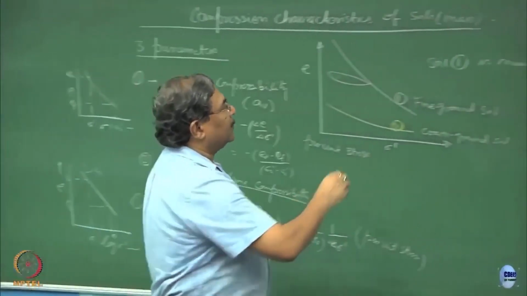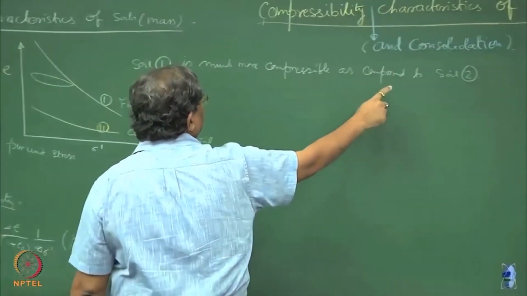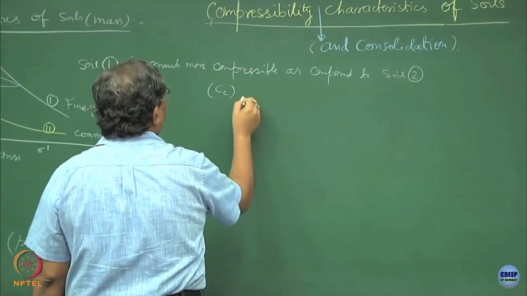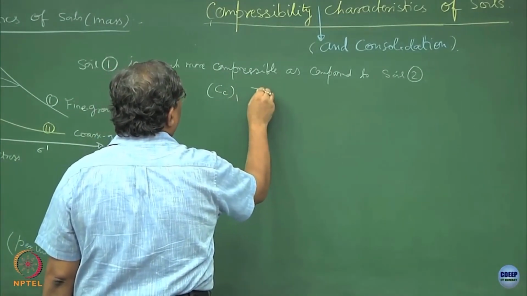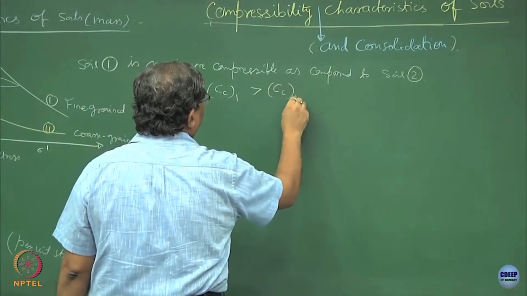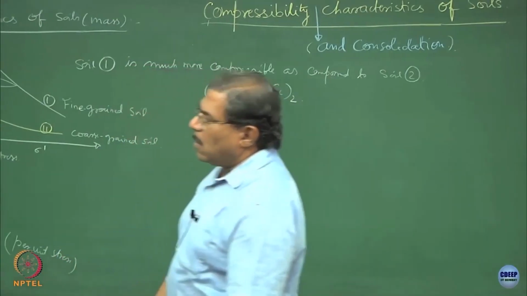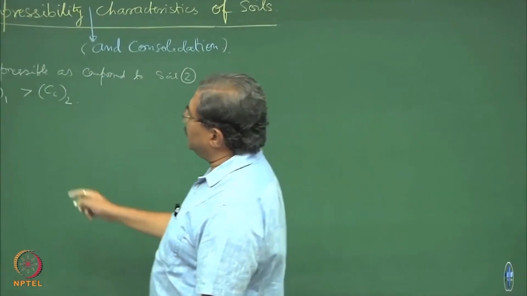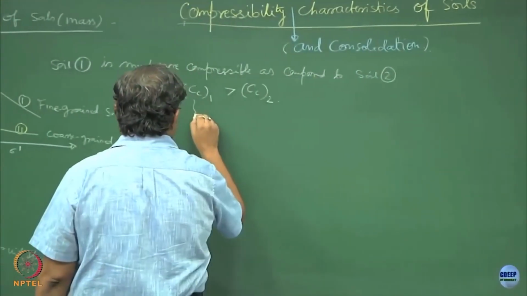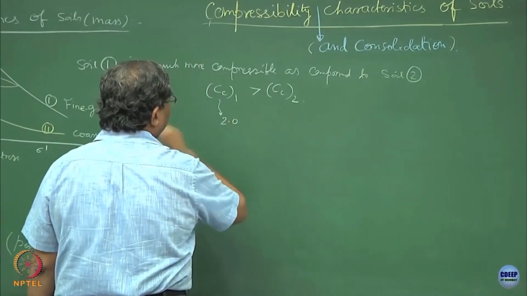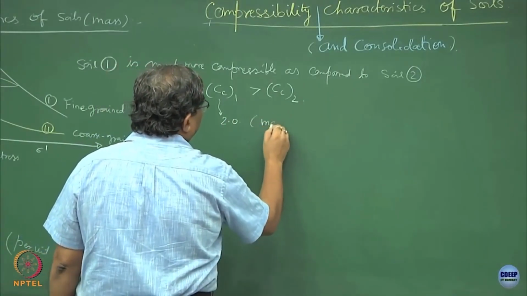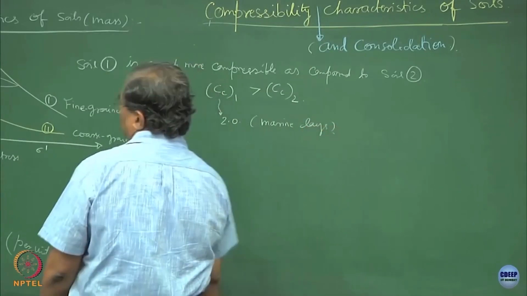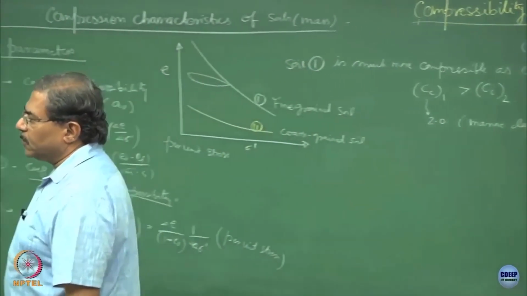When I said that soil 1 is much more compressible as compared to soil 2, I can say that Cc of 1 is higher than Cc of 2. Marine clays particularly, the biggest problem is that Cc's could be as high as 2.0. So, this is one of the ways to differentiate between the soils.